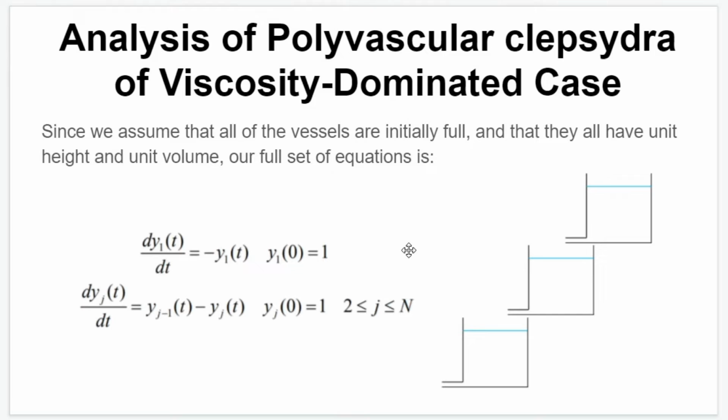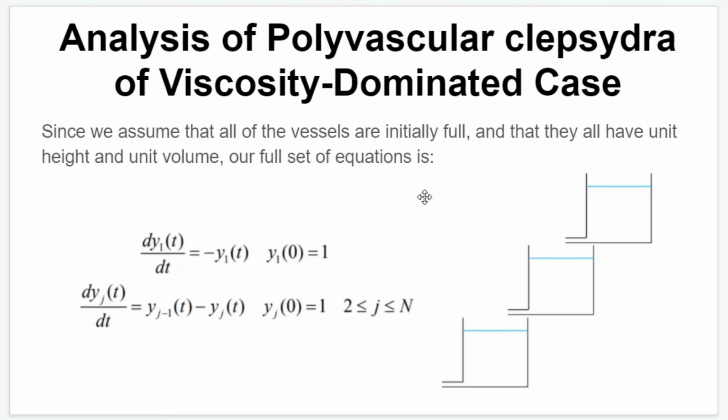So we try to solve the polyvascular clepsydra of the viscosity dominant case. We assume that all of the vessels are initially full, and that they all have unit height and unit volume.